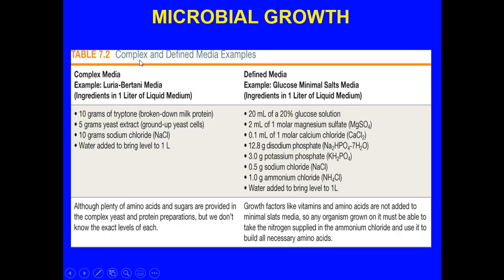Here are our complex versus defined media examples. Now, with Luria Bertani media, and no, you're not going to get tested on how many grams of this or that. Don't worry about that, but get the idea behind it. You're going to mix this in 1 liter of liquid media, so obviously you're going to have sterilized water.